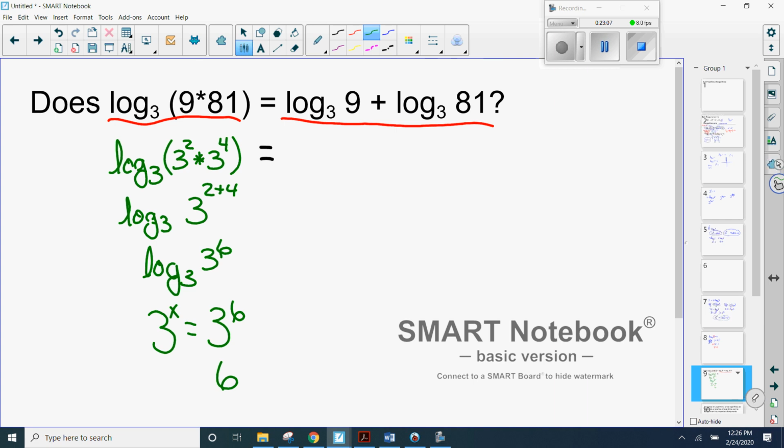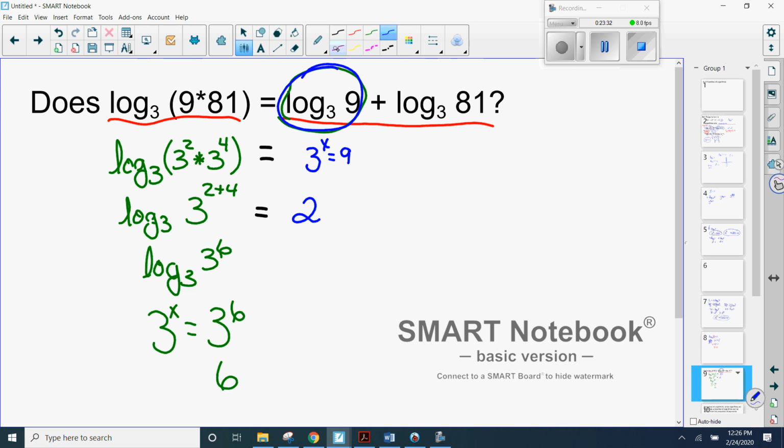If we talk about the right-hand side of the equation, you have to look at them as separate terms. This right here. That right there. Just the blue part is saying this. 3 to what power is equal to 9? 2. So just log base 3 of 9 has a value of 2.